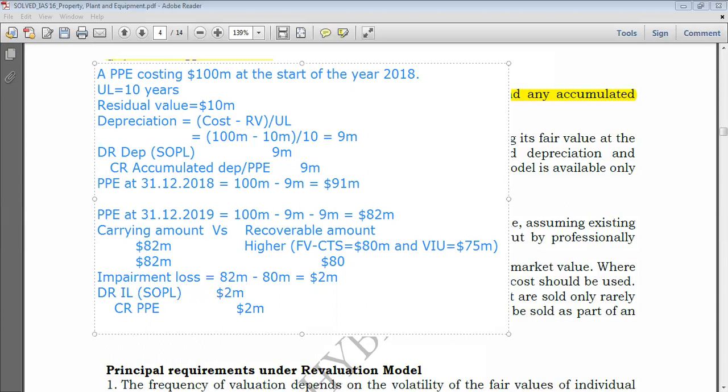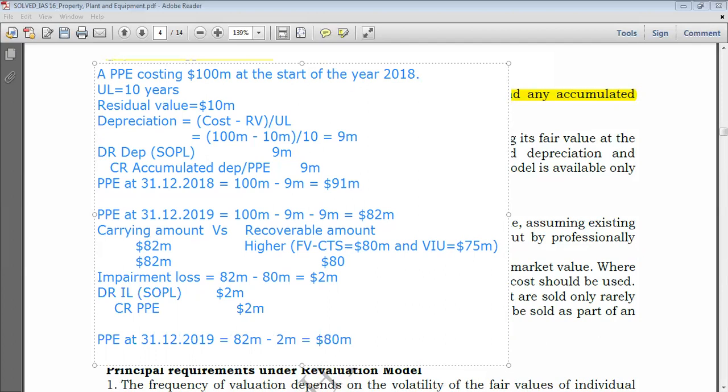This would mean that my value of PPE at 31st December 2019 would be the original amount of $82 million minus $2 million, ending up with $80 million. So this is how we account for the cost model, nothing new.